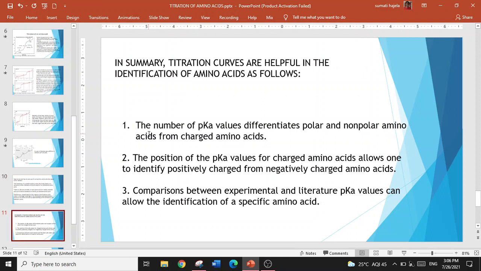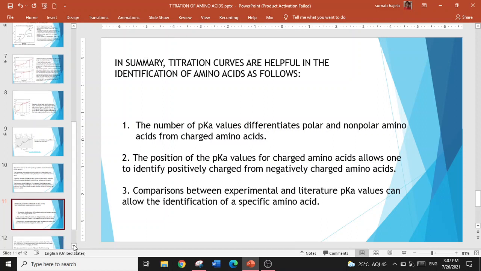Then the number of pK values differentiates polar and non-polar amino acids from charged amino acids. Position of pKa values for charged amino acids allows one to identify positively charged from negatively charged amino acids. Comparison between experimental and literature pKa values can allow the identification of a specific amino acid.